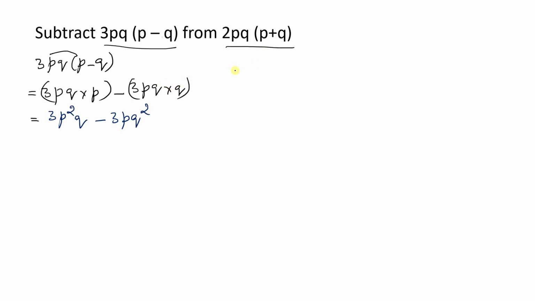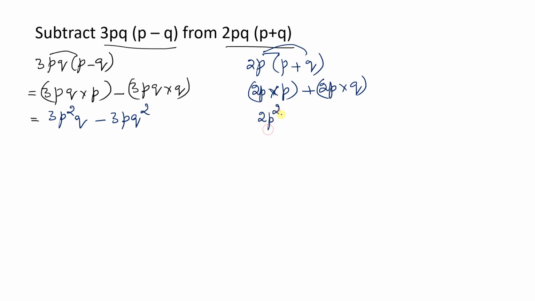Similarly, you simplify this. 2pq into p plus q. So 2p into p plus 2p into q. 2p into p is p square, isn't it?